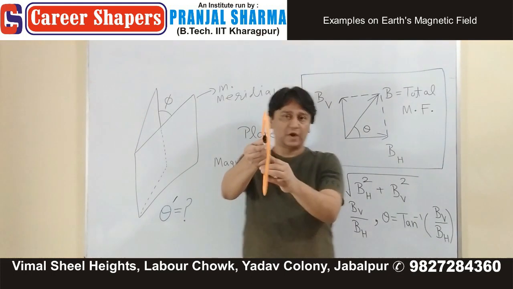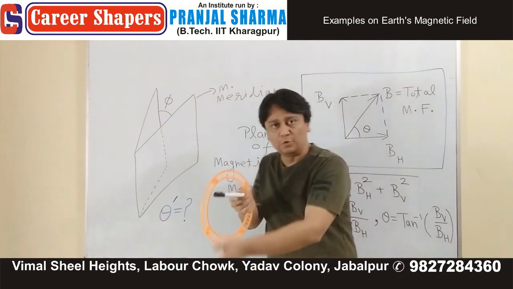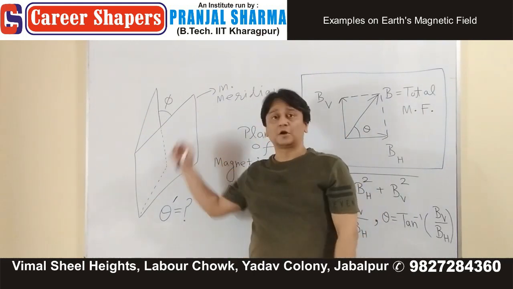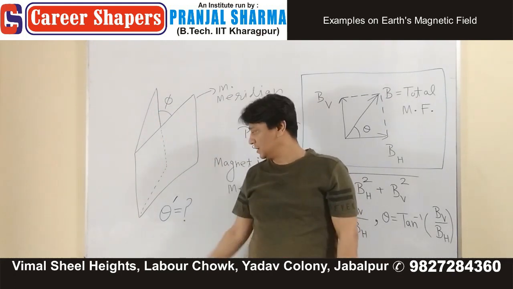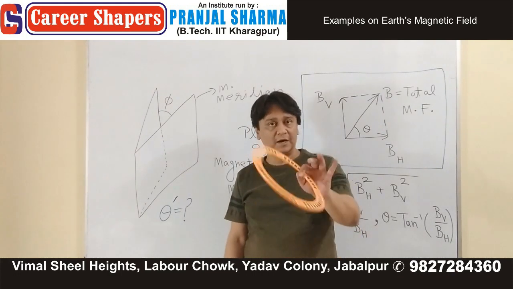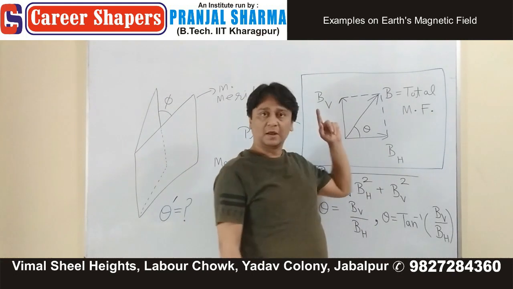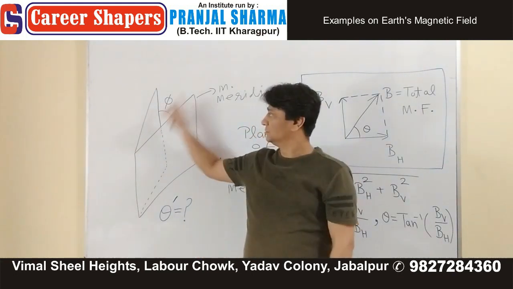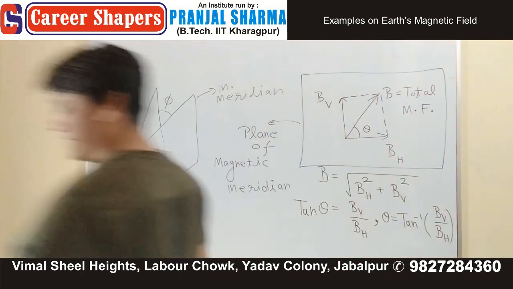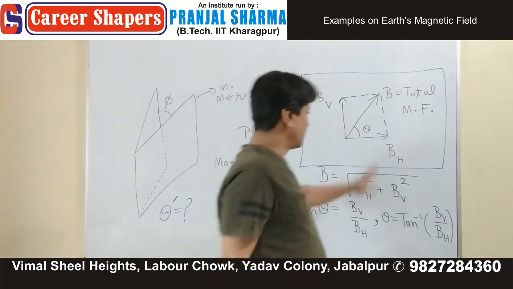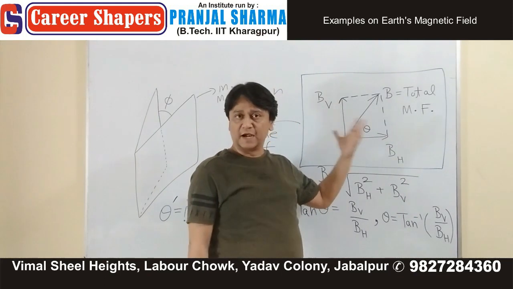In this new plane, which is not the plane of magnetic meridian, any random plane with angle phi, find out theta dash in terms of BH, BV and phi. Let's see if you can answer this part. We've got 1 minute's time. And the trick is, this diagram will help you in understanding this question.